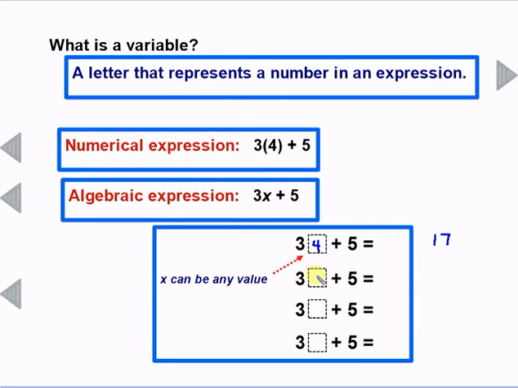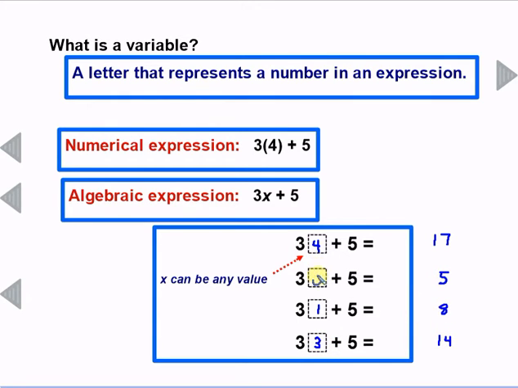Or we could put 0 in here. 3 times 0 plus 5, well, 3 times 0 is 0, plus 5 would be equal to 5. Then we might put 1 in here. 3 times 1 is 3, plus 5, and that would be 8. We could put any number we want. We might even put 3 in here. 3 times 3 is 9, plus 5, and that would be 14.